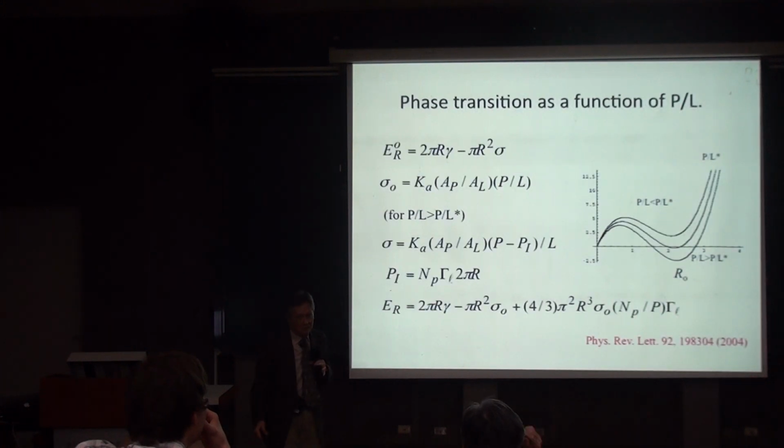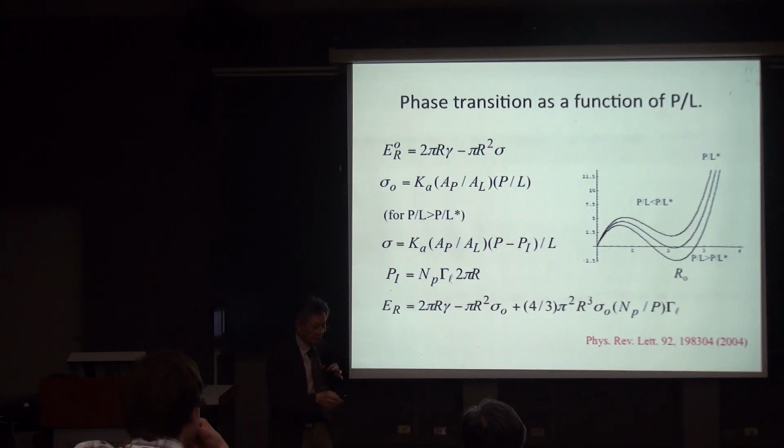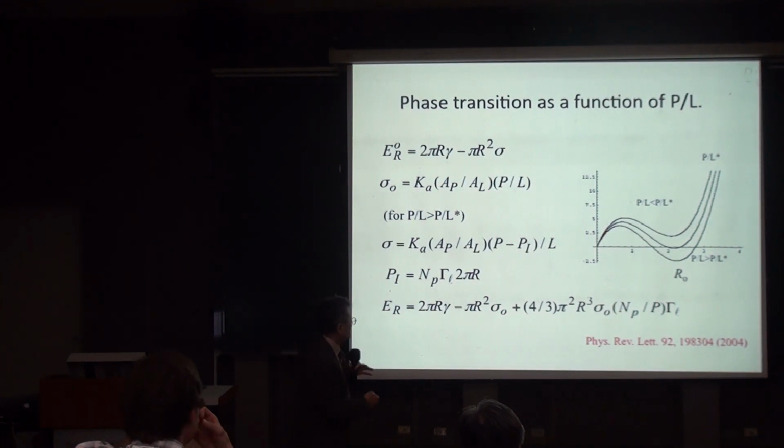The reason is this. Remember that sigma, tension, is energy per unit area. When the antibiotics come to the membrane, it's a stretched interface, stretched membrane, and it costs energy. So you have an energy proportional to the number of peptides on the surface, P. L is the number of lipids. We call it peptide because antibiotics are peptides.